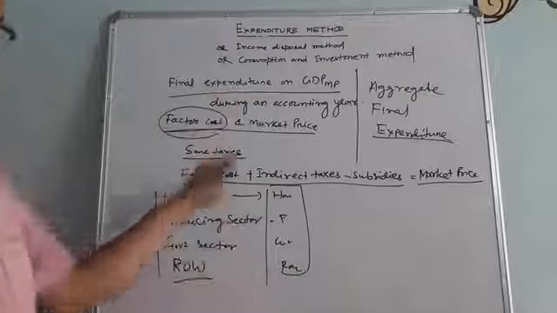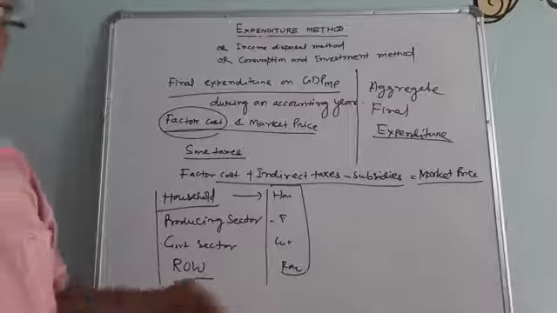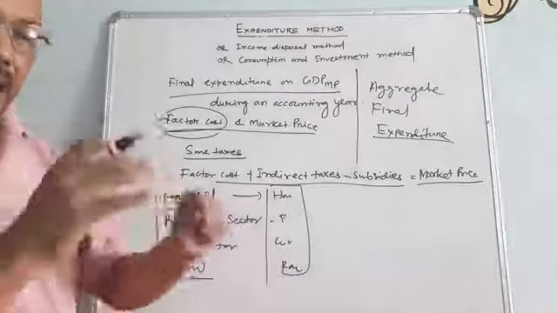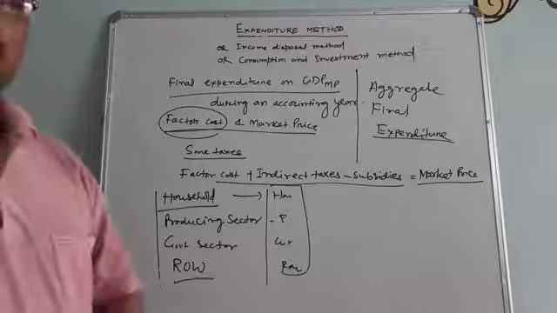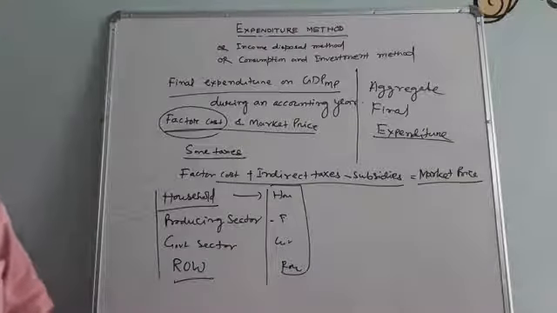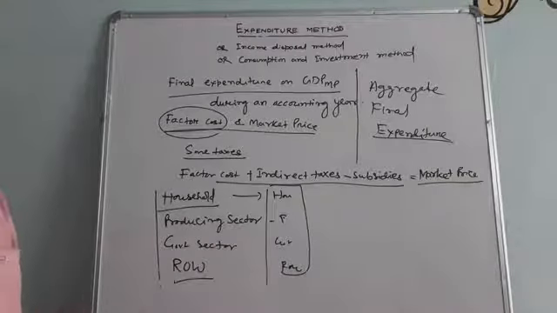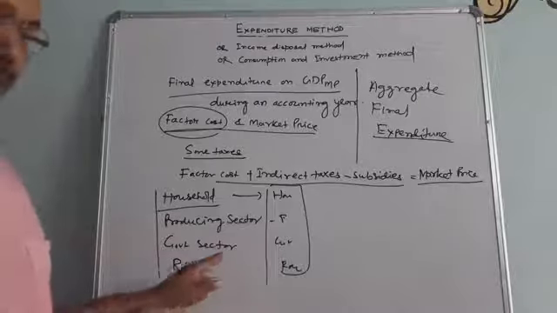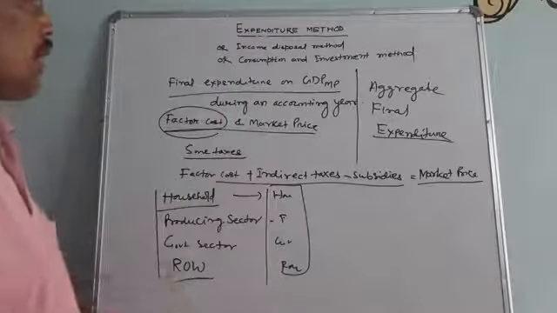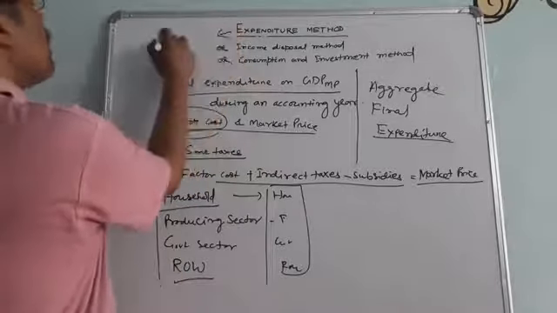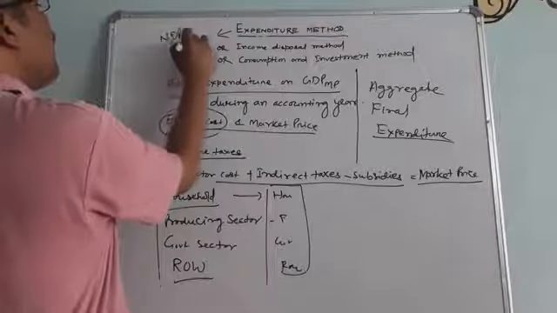If all the expenditures are included or added, then that is also one kind of national income. I'll discuss whether it is NDP or NP. If the net factor income from abroad is not included, then it will be the NDP at market price. So the expenditure method gives NDP at market price.